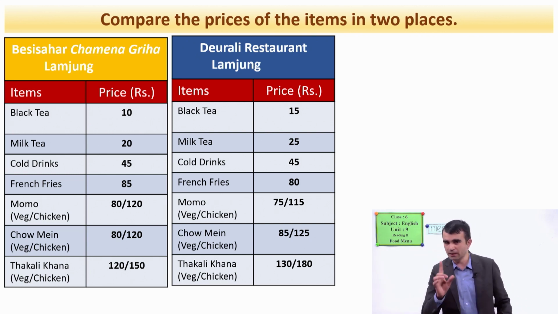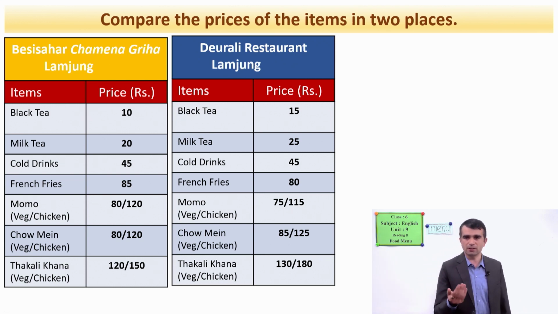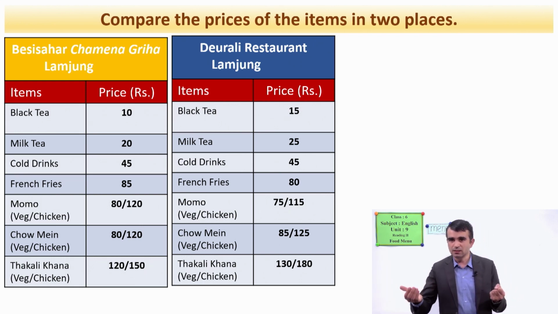Now how do we compare their prices then? Using expensive. Can you try? What do we start with? Black tea, okay. Now you can start with black tea. Black tea is, more expensive in Devrali restaurant or less expensive?